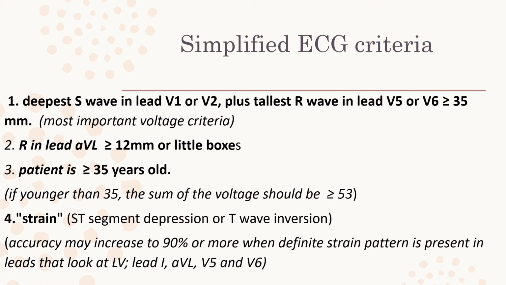And then I add that to the tallest R wave in V5 or V6, so whichever one that is. If it's 20 in V1 and I have the same in V6, another 20, I add those together, 20 plus 20 equals 40. That meets a criteria of being greater than 35 millimeters.